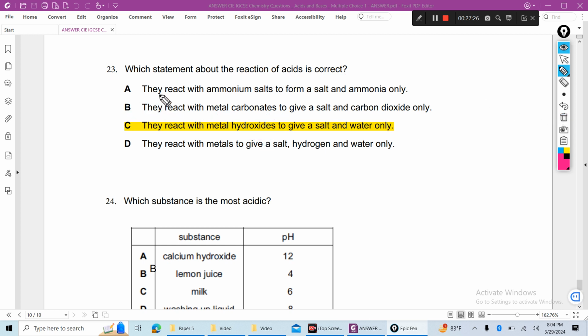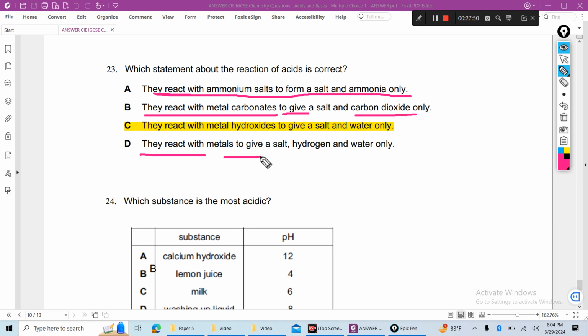They react with ammonium salt to form salt and ammonia only. This is wrong, because alkali reacts with ammonium salt. They react with metal carbonate to give a salt, carbon dioxide, and water also forms, so this is wrong.